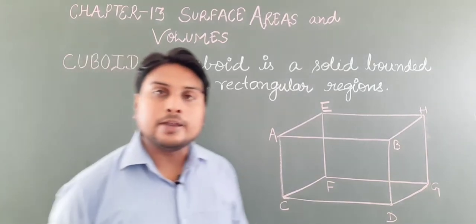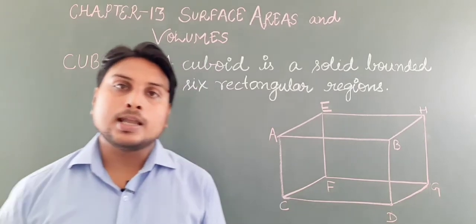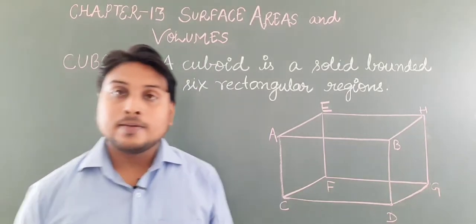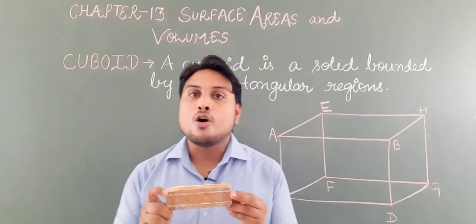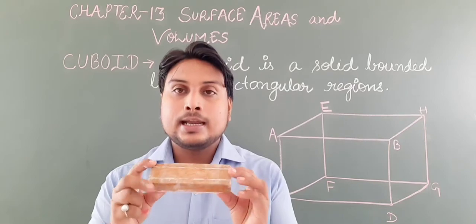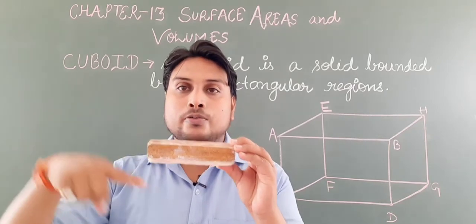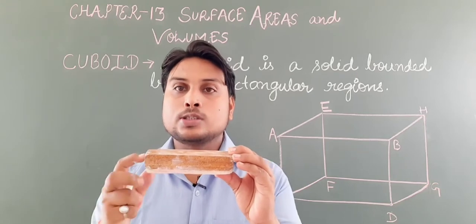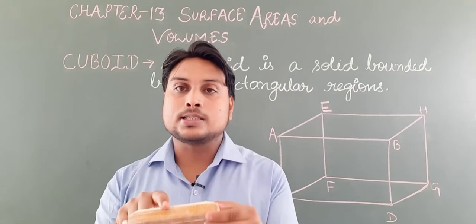In our day-to-day life we come across so many examples of solids like cuboid, like this duster. How is it an example of cuboid? It has 6 surfaces: one is top, one is bottom, 2 side walls are there, and one is front and one is this side.